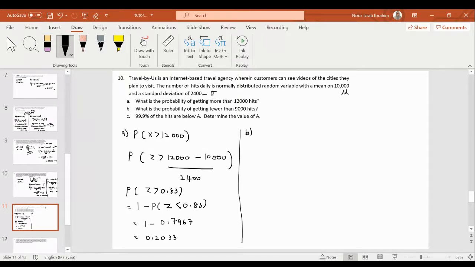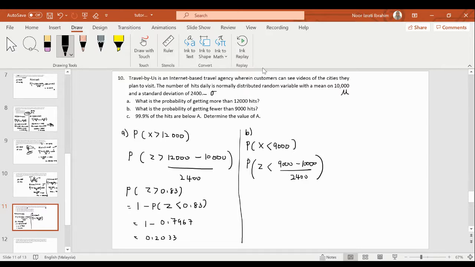For part B, what is the probability of getting fewer than 9,000? So we are asked to find the probability when x is less than 9,000. First, you have to transform x to become z. It will be z less than 9,000 minus 10,000 divided by 2,400.